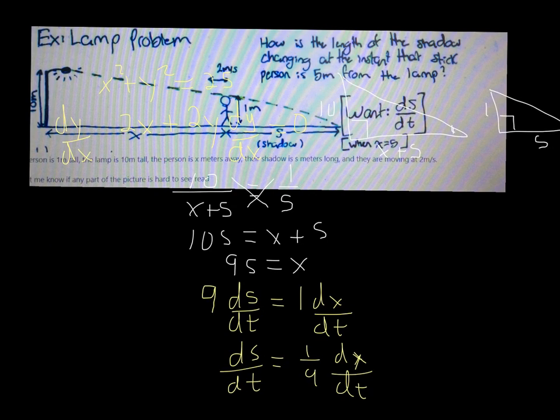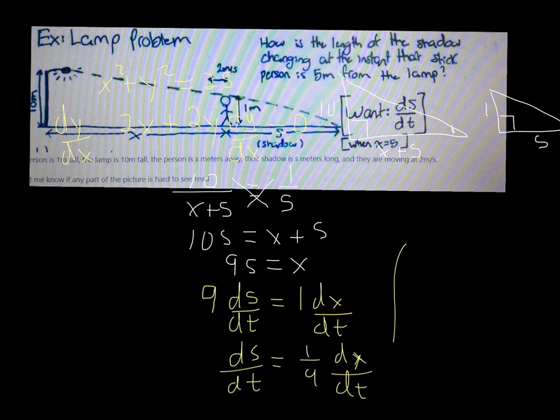And I think in the question you're given that the person is moving 2 meters per second, and are they moving towards the lamppost or away from the lamppost? I don't think it specifies in your question. So what we do know is dx/dt, because we're given that it's 2 meters per second.